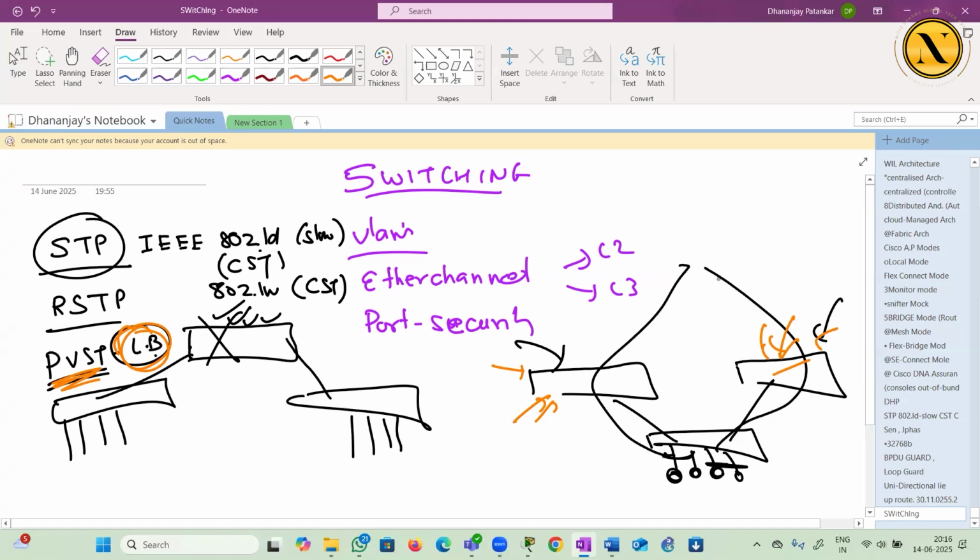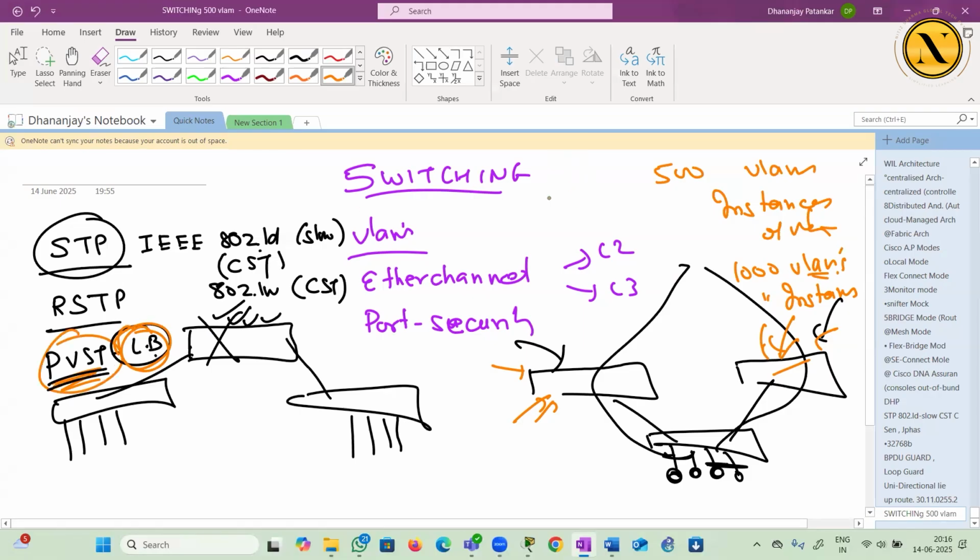And now, if you've got 500 VLANs, there will be 500 instances of VLANs, right? If there are 1,000 VLANs, there will be 1,000 instances, which means it will consume more resources. We are talking about PVST.